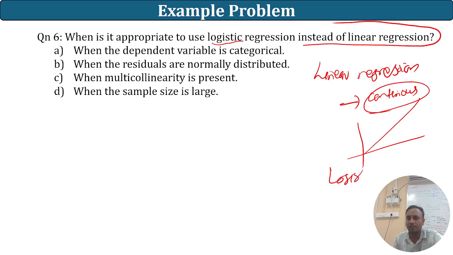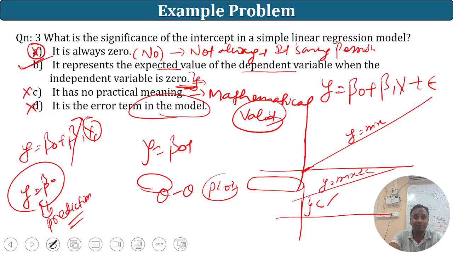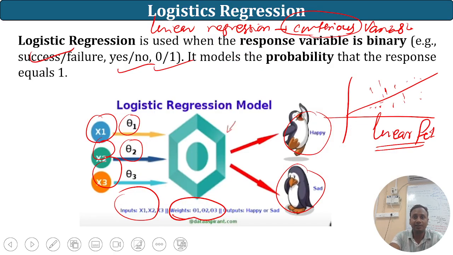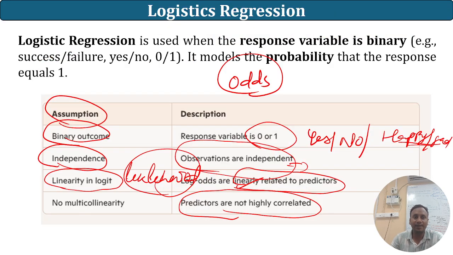But in the case of logistic, what if we were trying to do something categorical? Yes, it's a binary outcome and all.